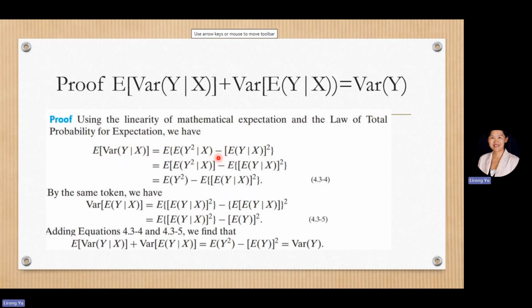The expectation of a subtraction is E of the first one minus E of the second one, right? So first you expand the variance definition, then you move in the E: E of this, E of this. However, these two are not the same. The first one is the expectation of the conditional expectation.